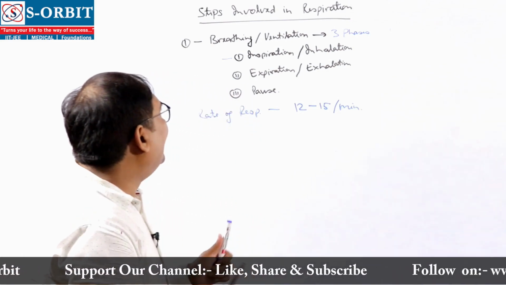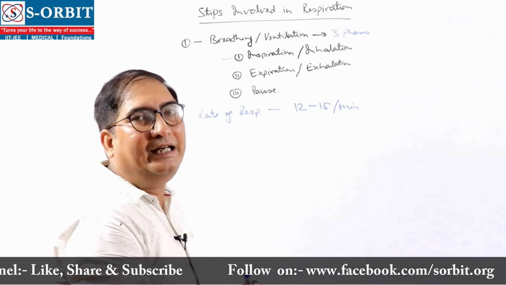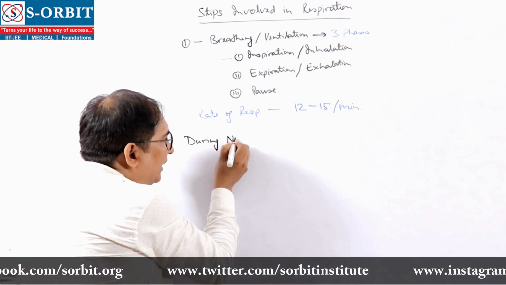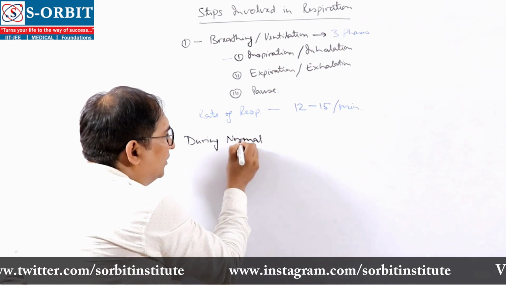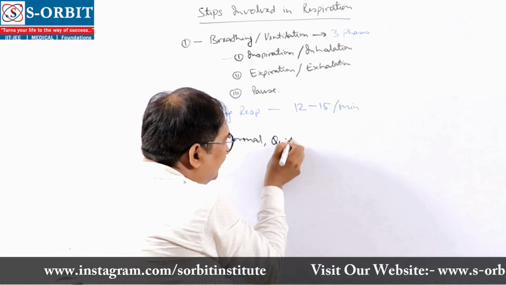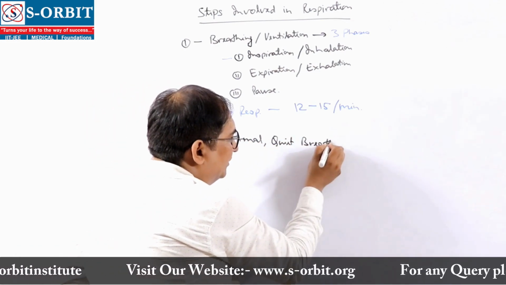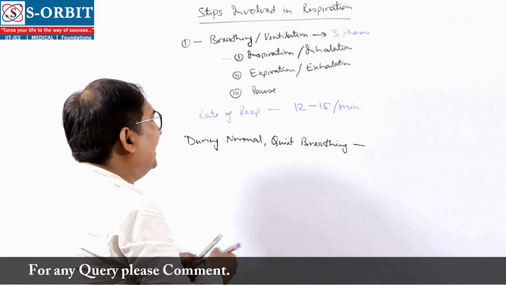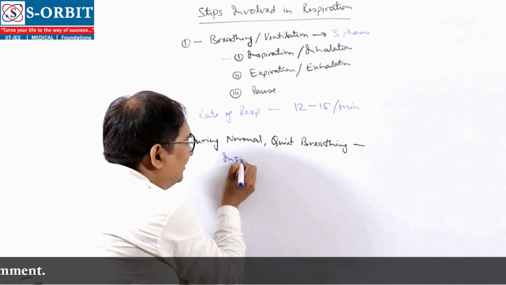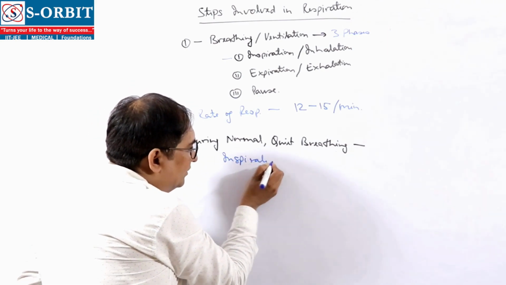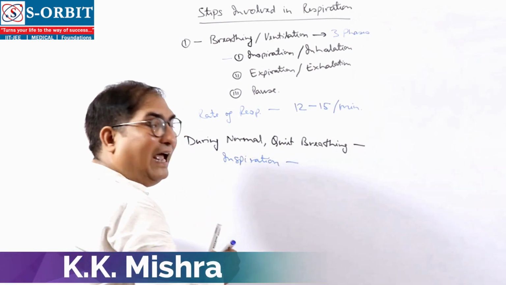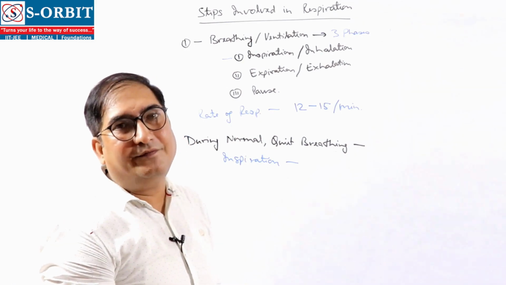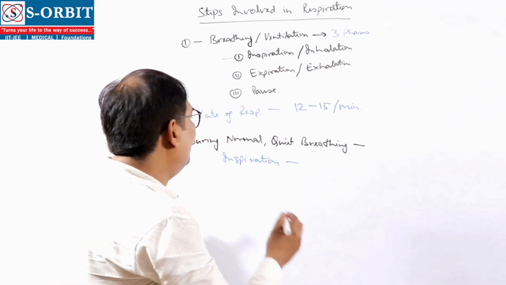Now what happens during inspiration and expiration? Let us see in detail. During normal or quiet breathing, when we normally take the air, inspiration is an active process, because we expend our metabolic energy to inspire.